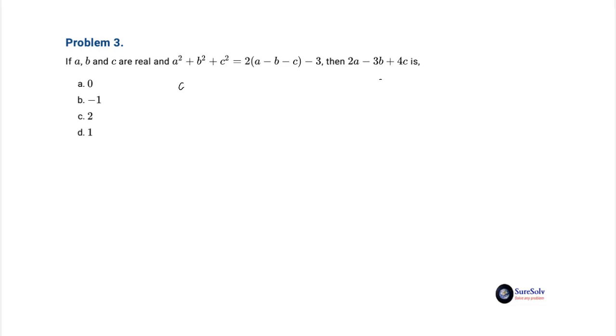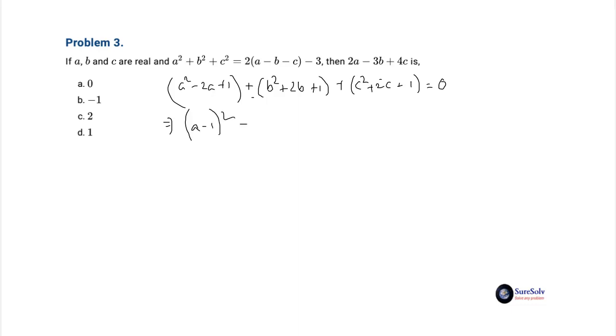Changing the given expression, a square minus 2a plus 1 plus b square plus 2b plus 1 plus c square plus 2c plus 1 equal to 0 results in a minus 1 whole square, as we have mentioned, plus b plus 1 whole square plus c plus 1 whole square equal to 0.